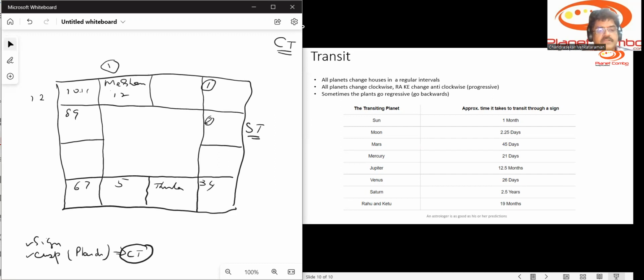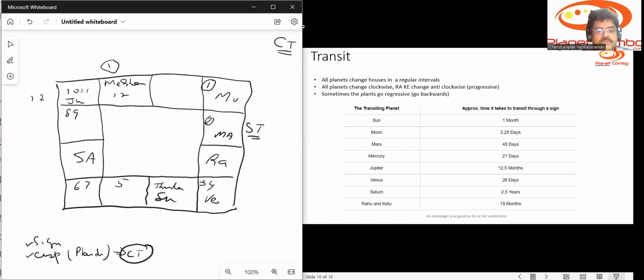Then we put the planets at the time of birth in the sign table. So maybe moon is here, Mars is here, Rahu is here, then Venus is here, depending on it, so sun is here, Saturn is here. So 1, 2, 3, 4, 5, Jupiter is here.